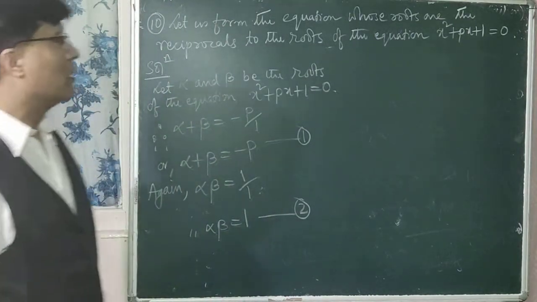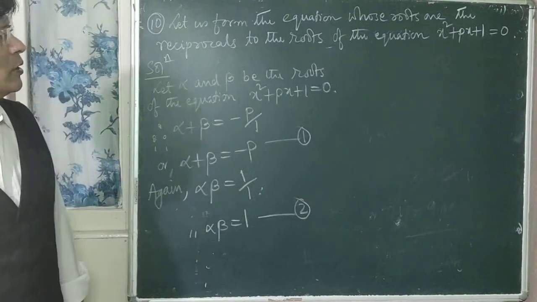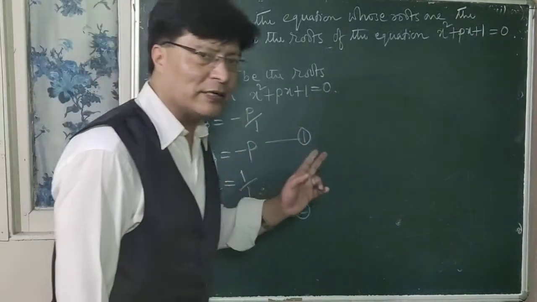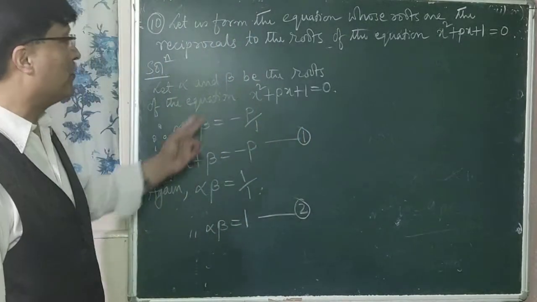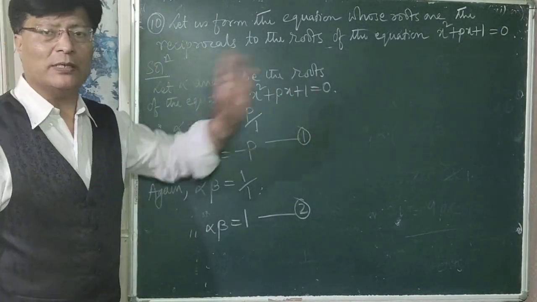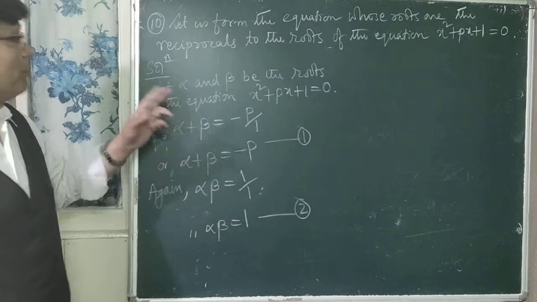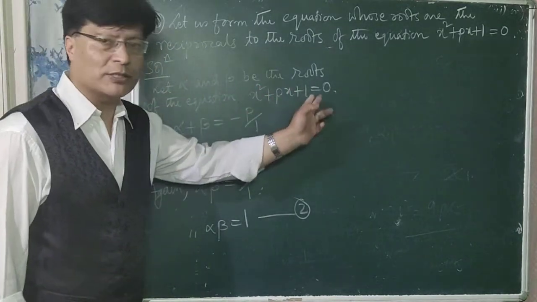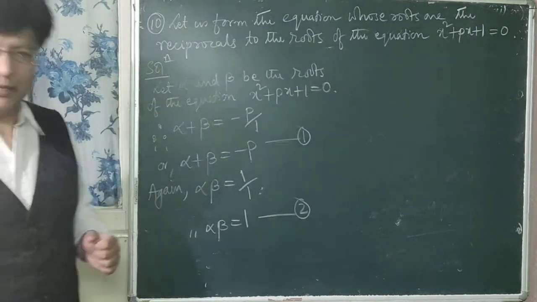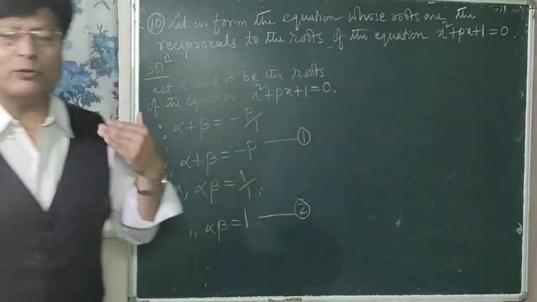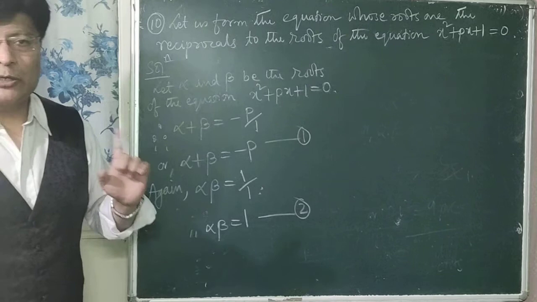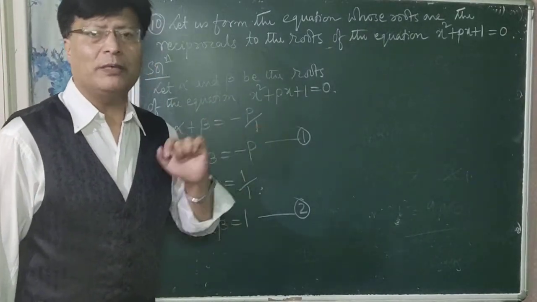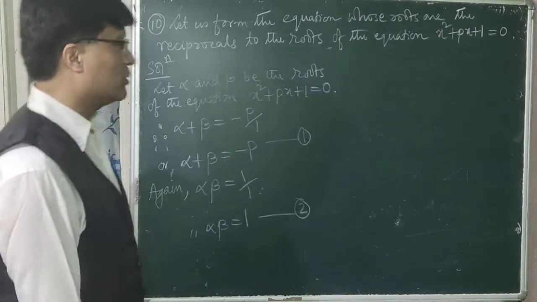Okay. So now you have to form the equation whose roots are the reciprocal of the roots of x square plus px plus 1 is equal to 0. But we have assumed the roots of the given quadratic equation as alpha and beta. So what will be the roots of the required quadratic equation? It will be reciprocal, that is 1 upon alpha and 1 upon beta. Okay, so write down.